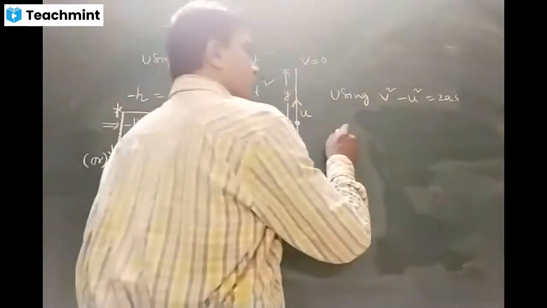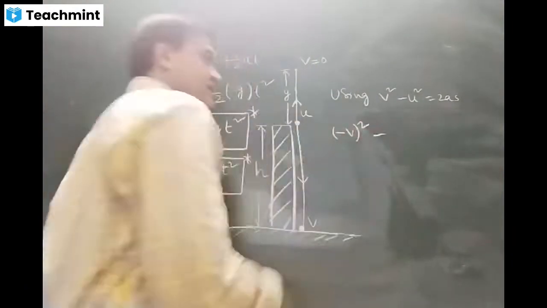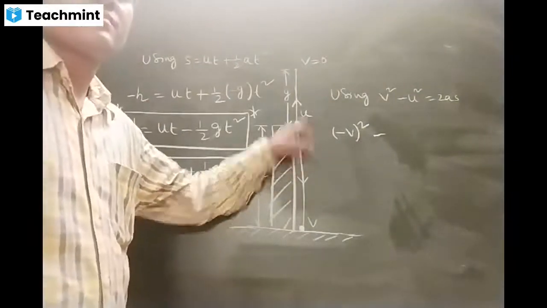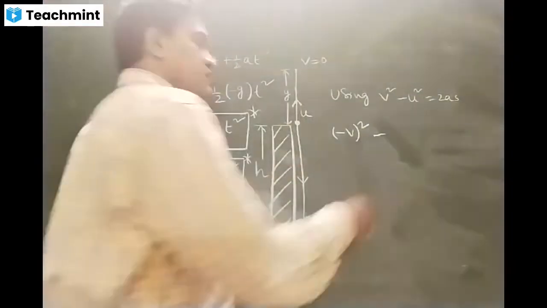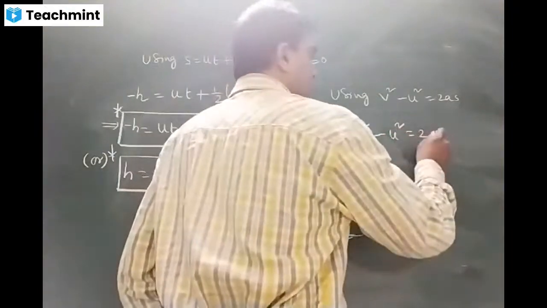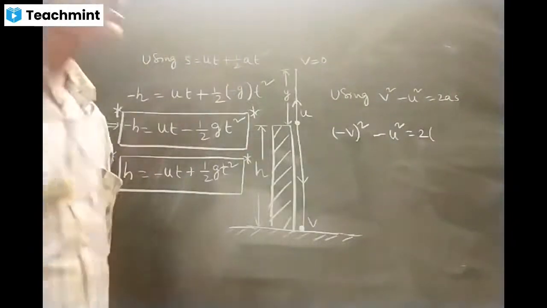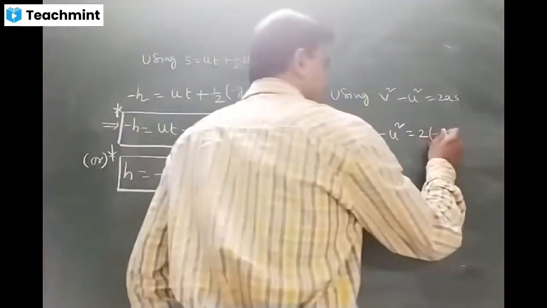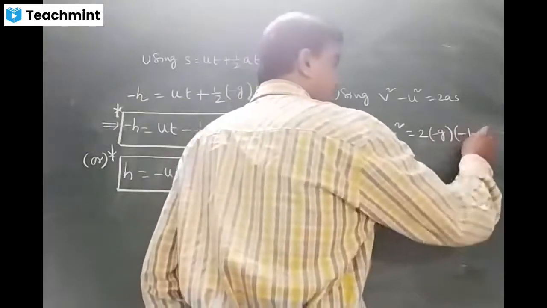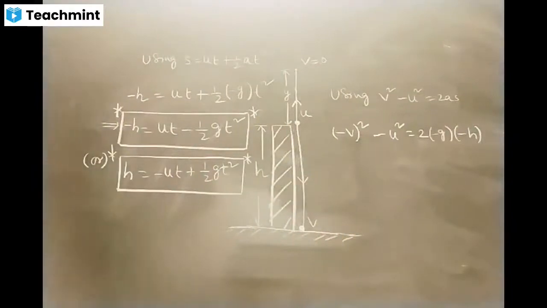So minus v whole square minus u square; the direction of initial velocity is upward, positive. Minus v square is equal to 2 into acceleration, minus g, into minus h. Minus h is the displacement.